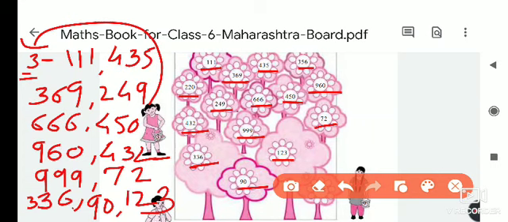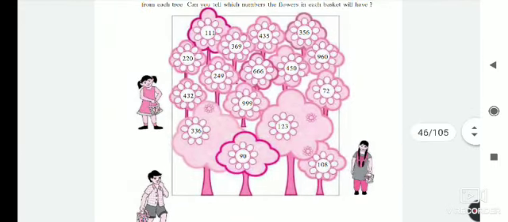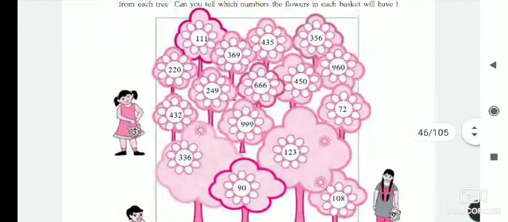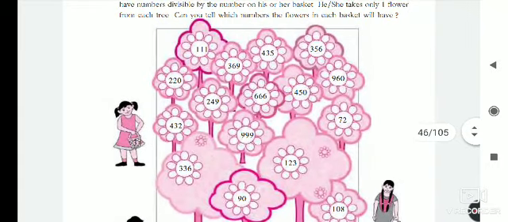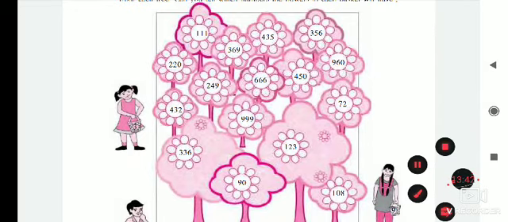Okay, over. Now we will take the next, that is the 9. What is, no, 4s we will take. What is the divisibility test for 4? If the last 2 digits, that means the unit and tens place number, are divisible by 4, then that number is divisible by 4.